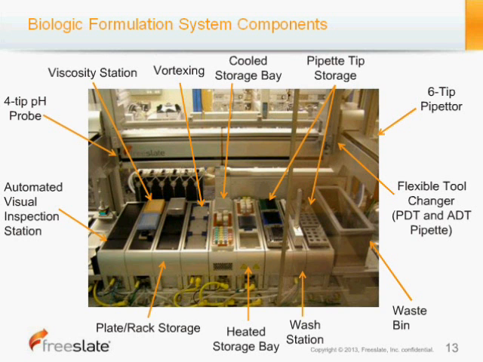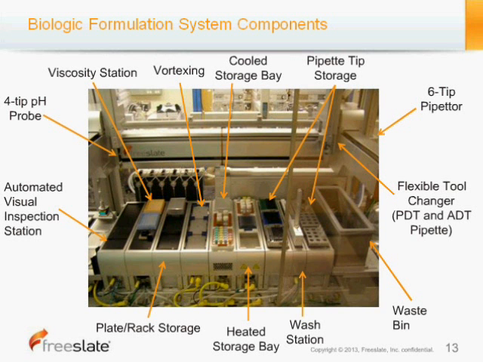This can be used again for preparation of samples, but also as a condition for your samples as part of your studies. We also have plenty of pipette tip storage that allows for daughtering of plates or aliquoting of material. Then we have a 6-tip pipetting system. This is an air displacement pipetter that allows for preparation of both formulations and analytical samples.